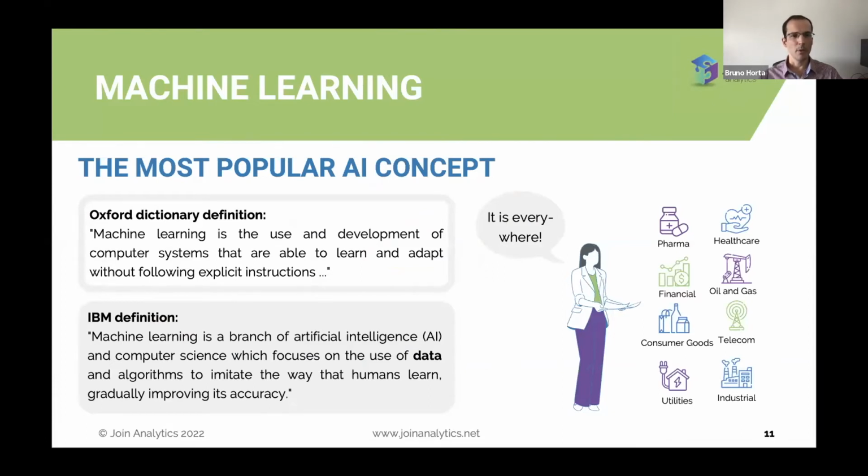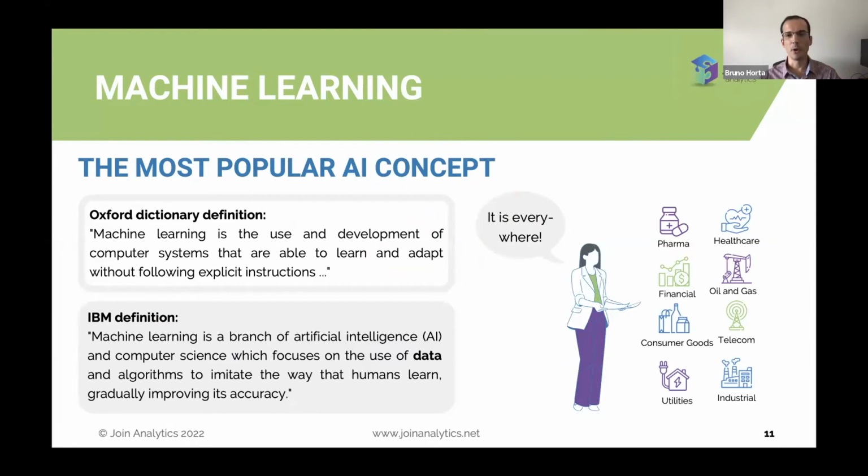So let's have a look at the definition of machine learning, because I'll be using this concept throughout the remainder of the presentation. So in the Oxford Dictionary, machine learning is the use and development of computer systems that are able to learn and adapt without following explicit instructions.